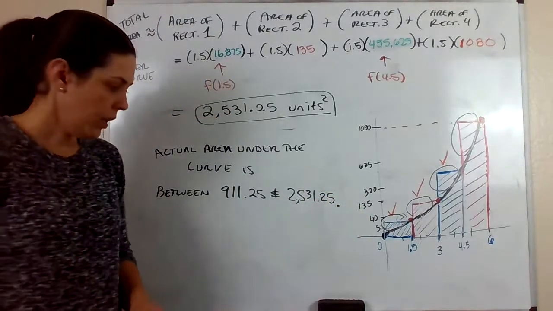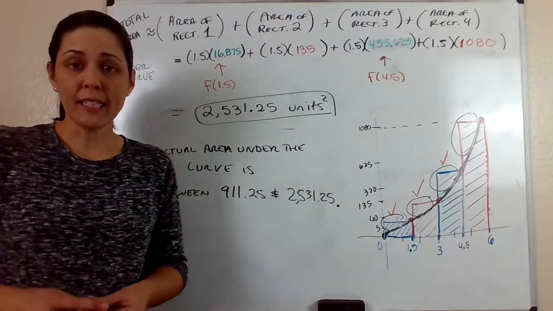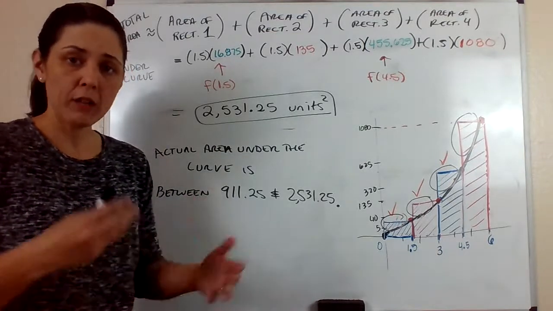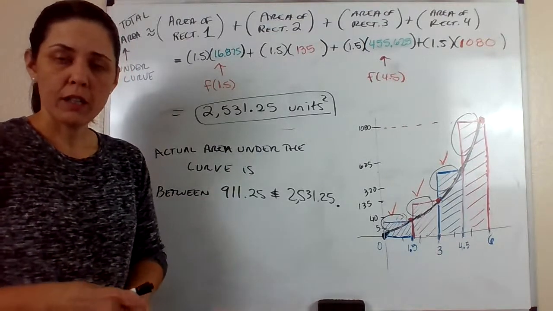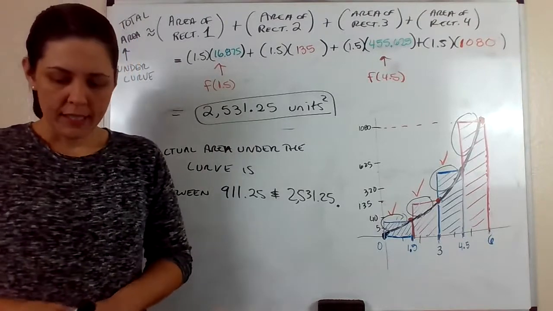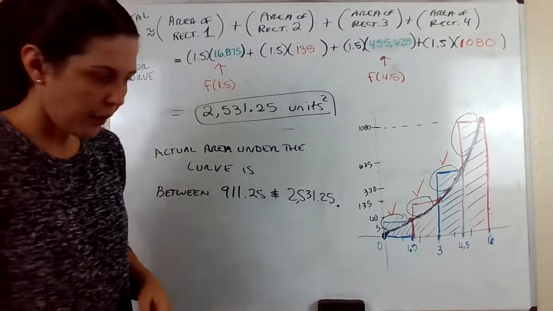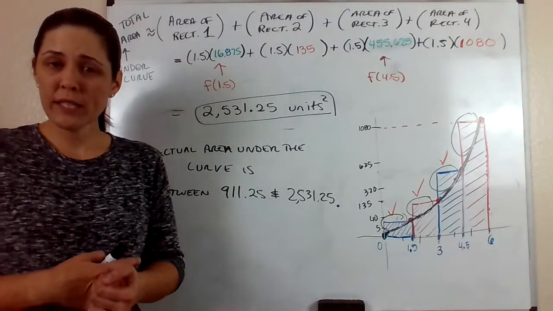And like I said, one thing you could do here is take the average of the two, and maybe that'll give you a fairly accurate estimation. And the other way to do it is to use midpoints.